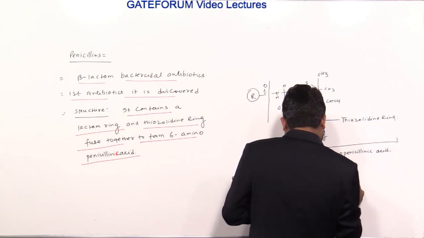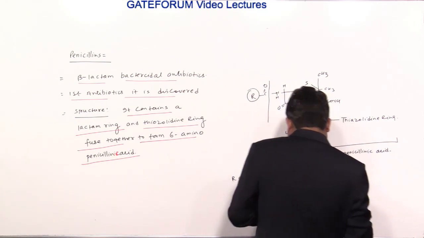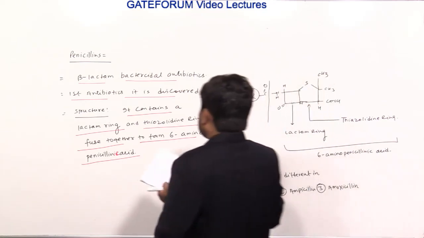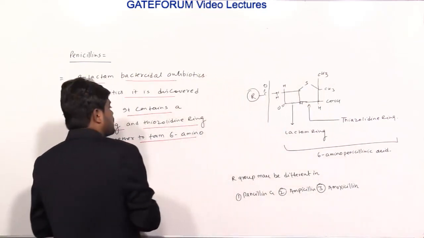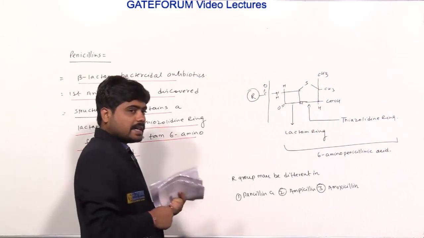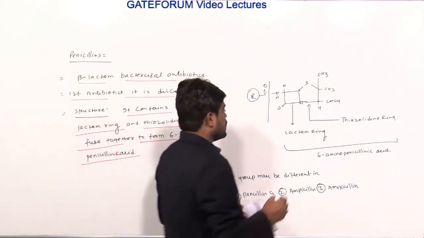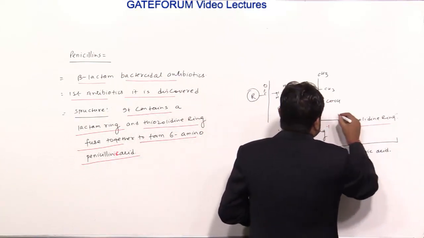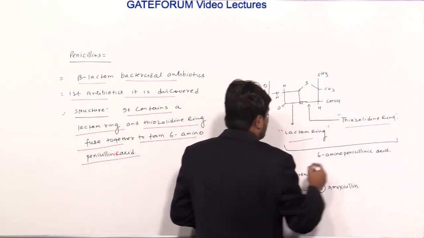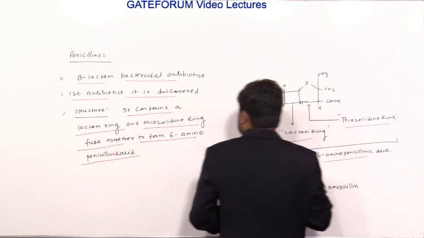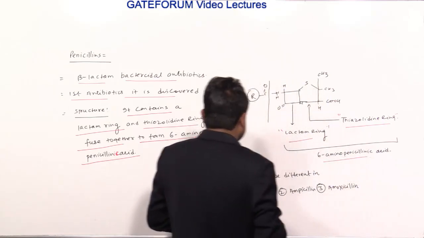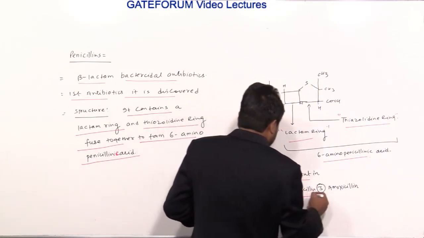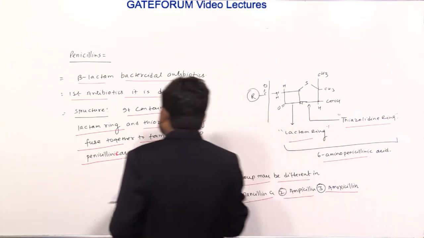So exactly, see here, this is the structure of a penicillin. The penicillin consists of two different rings. The first ring is called the lactam ring, and the second ring is called the thiazolidine ring, and they form 6-aminopenicillanic acid, and the R group may be different in penicillin G, ampicillin and amoxicillin.